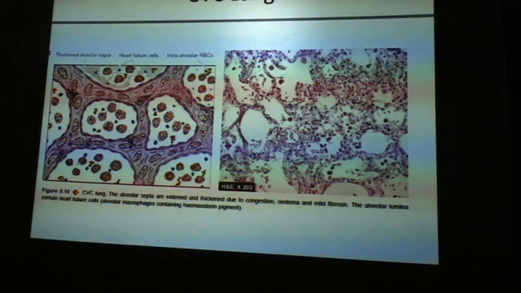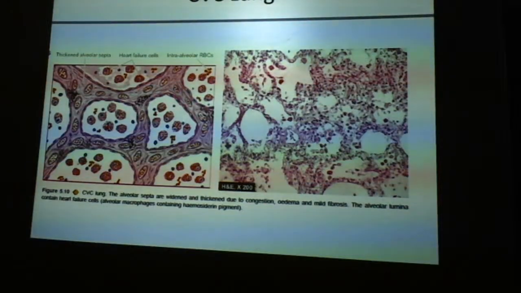So when the blood starts staying within the organs, the lung will become heavy, and there can be rupture of these smaller blood vessels, the RBCs come out, and hemosiderin pigment is generated. Grossly we call it brown induration of lung, because of these hemorrhages.